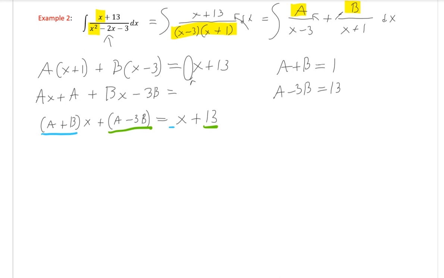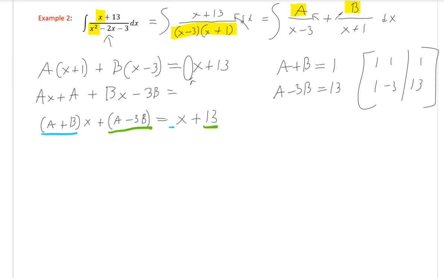Now, if I put these together appropriately, I can add or subtract them as a system of equations, or if you would like to use a matrix, you may, doing 1, 1, 1, 1, negative 3, and 13, and solving this matrix. That also works. I'm just going to do a system of equations here.